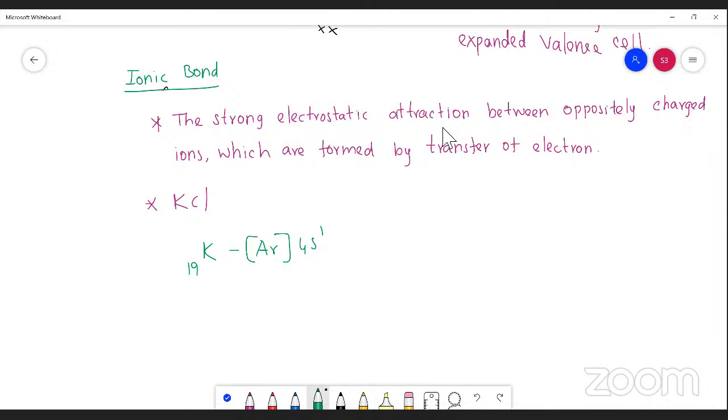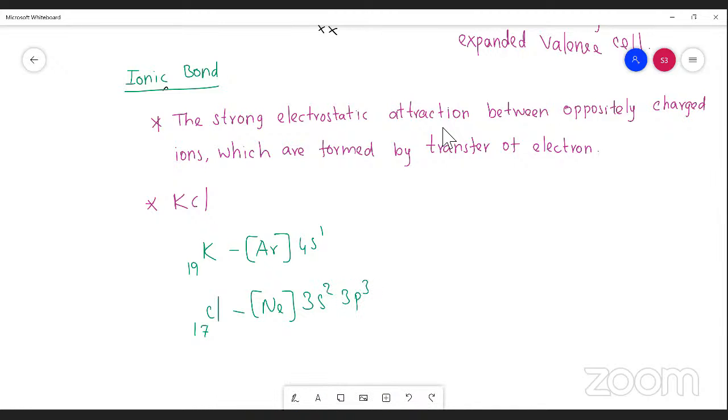Okay, and we are taking chlorine, which has atomic number 17, so its electronic configuration is neon, 3s2 3p5. These are the electronic configurations of potassium and chlorine.